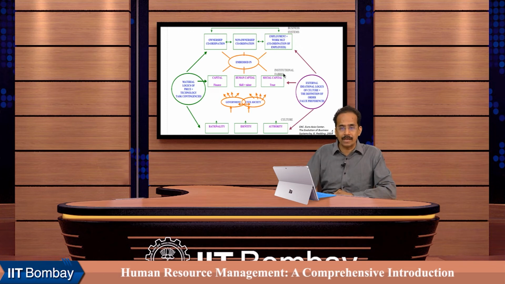So, this is a total business system framework, a three-layered framework connected by government and the nature of civil society, and that can be an excellent background for looking at how different factors influence each other and how their interplay results in the specific nature of a business system.